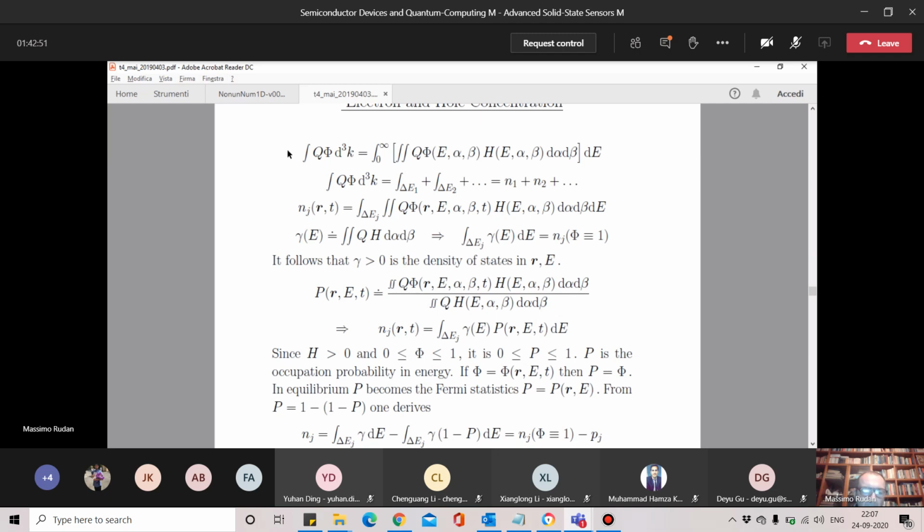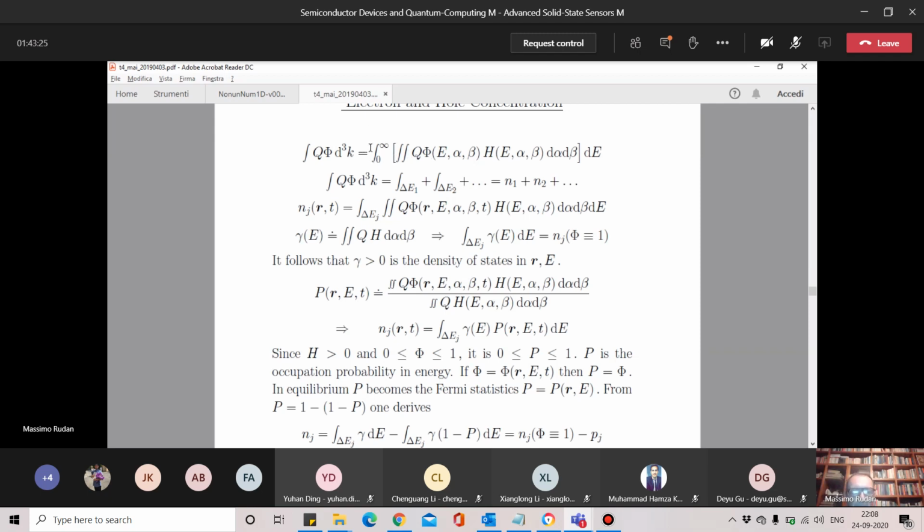So what you do is change the variables from K1, K2, K3 into E, alpha, and beta. So you have d alpha, d beta, dE, and then you have to write down the Jacobian. Phi depends on E, alpha, and beta. It also depends on position and time. They are simply not written in the first line, okay?